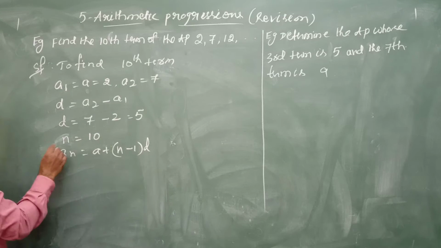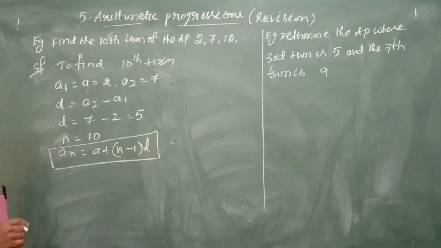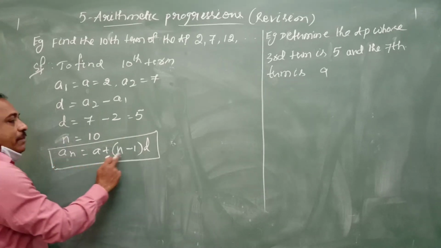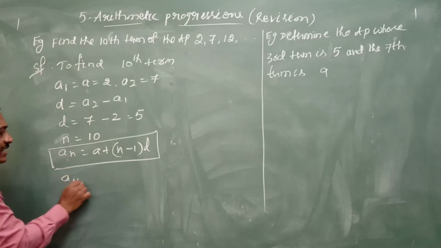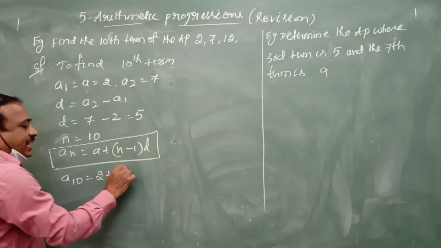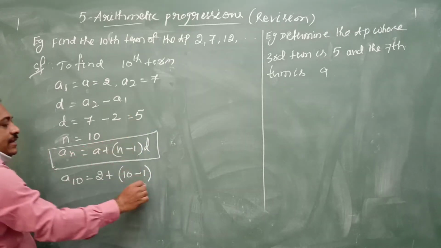This is the general formula for any term, maybe 10th term or 11th term or 20th term. An is equals to a plus n minus 1 into d. So A10 is equals to a value we know that is 2 plus n minus 1, 10 minus 1, into the difference, which is 5.